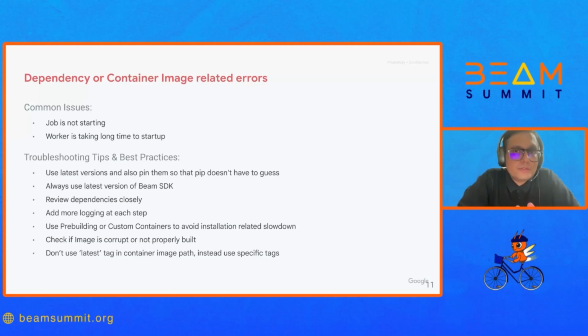The best practices and troubleshooting techniques to call out here would be using the latest version of Beam and ML related pipeline libraries as much as possible. Rebuild or use custom container images to avoid installation related slowdowns, and don't use the latest image tag because that can conflict with non-production related artifacts. So use specific image tags wherever possible, and also check whether the container image is corrupt for any particular reason.